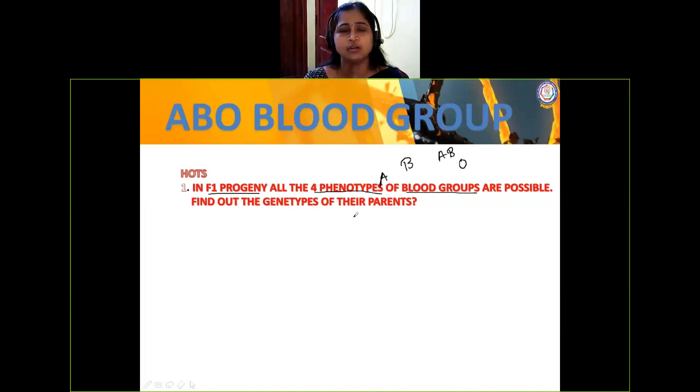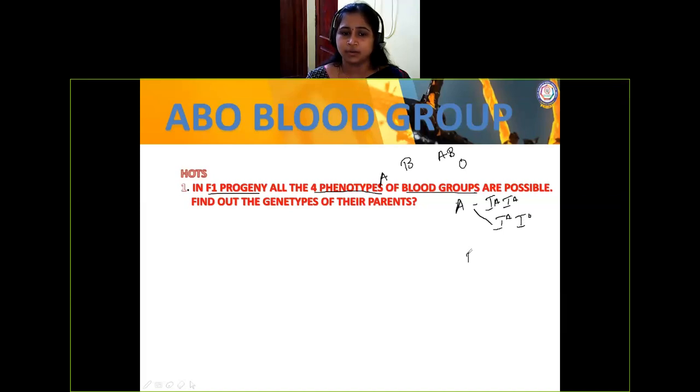So here, what are the dominants? A, B, they both are dominant. The dominant expresses when they are in homozygous condition. So if it is A blood group, when they are homozygous, it will express A. It can also be expressed in a heterozygous condition, right?